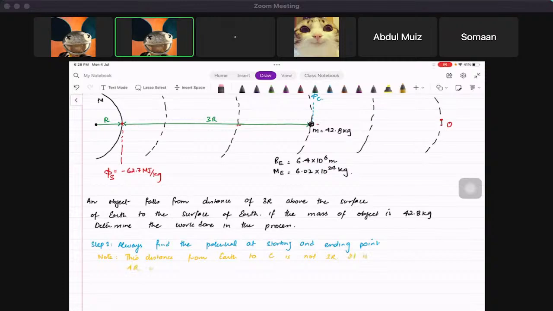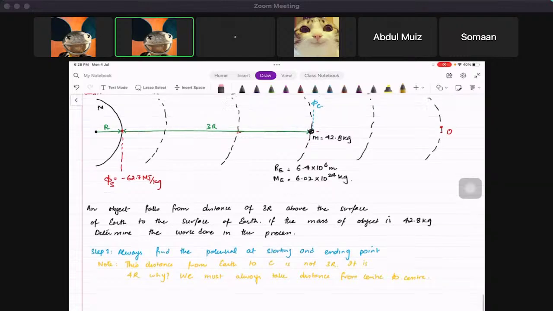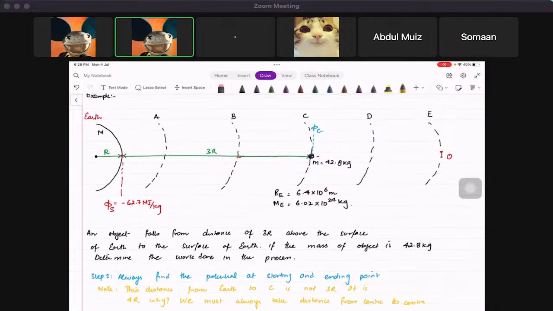Because we must always take distance from center to center. Is it clear? Never ever take distance from surface to center, always from center to center. So basically you need to add this, which means the real distance is this much, which is 4r, not 3r. Everybody understand this?